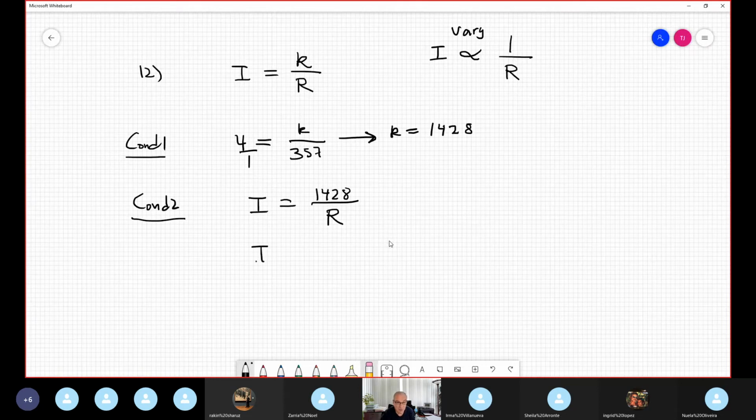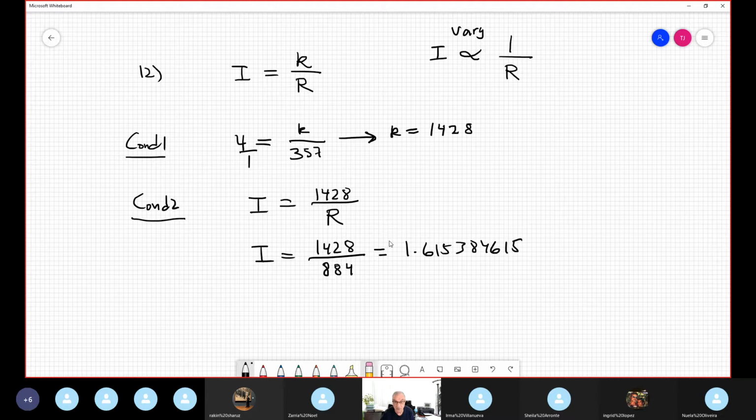No problem, I divide this by this. 1,428 divided by 884. The answer is a decimal. I saw on my display 1.615384615, too many decimal places.